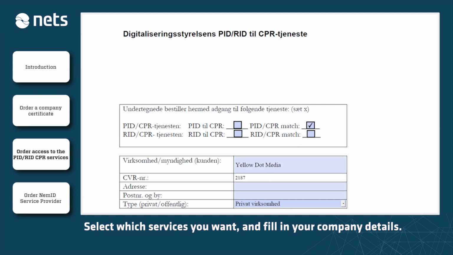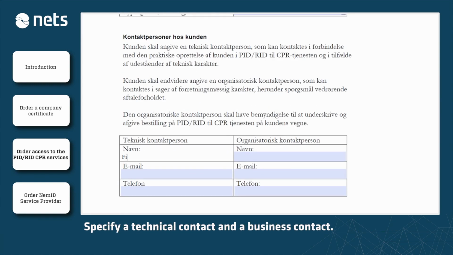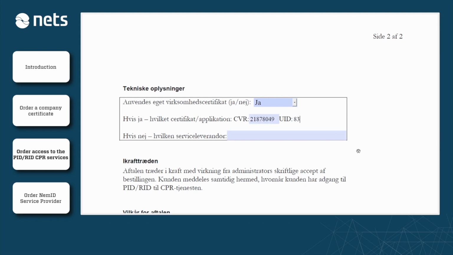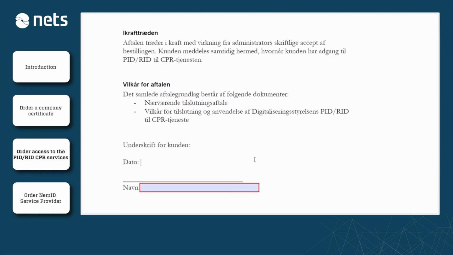Fill in your company details. Designate a technical contact and a business contact. Provide details of your company's certificate, company registration number, and UID number. See how to find the UID number in step 1.